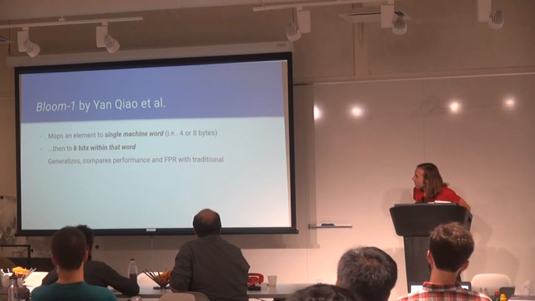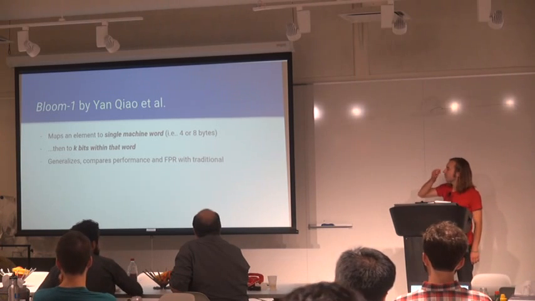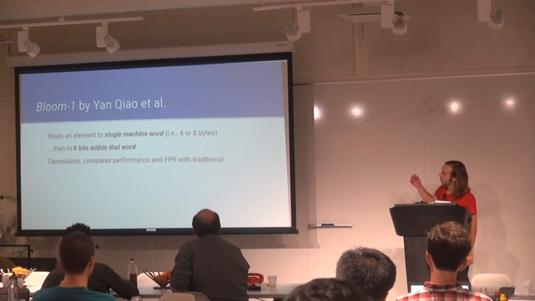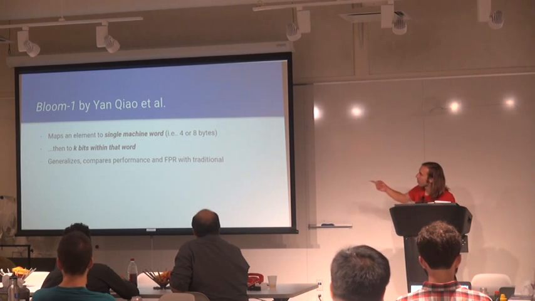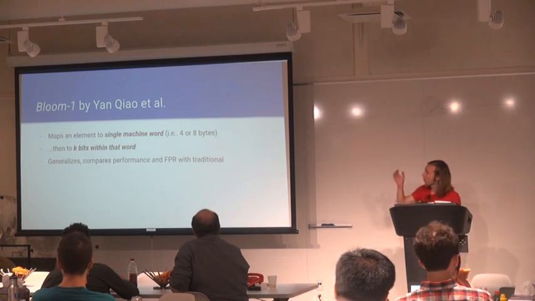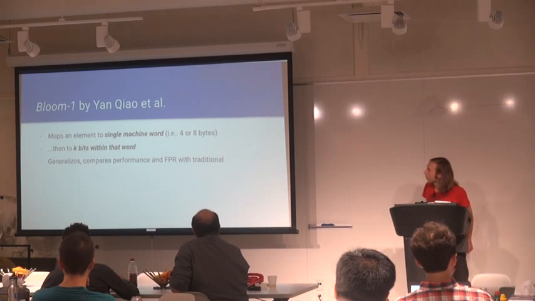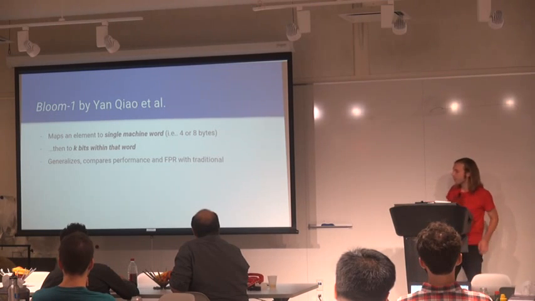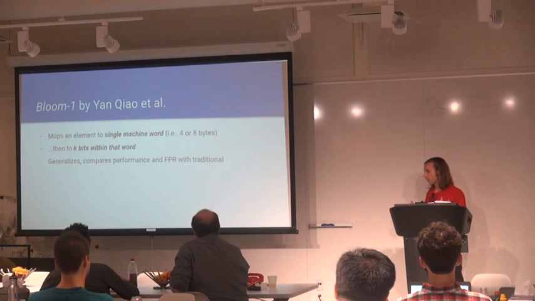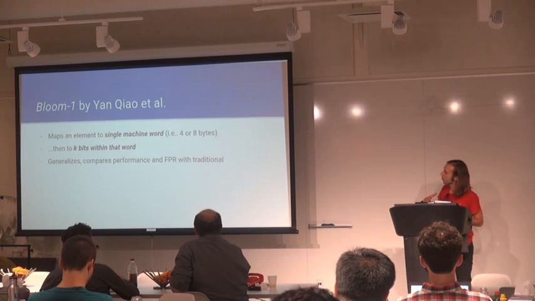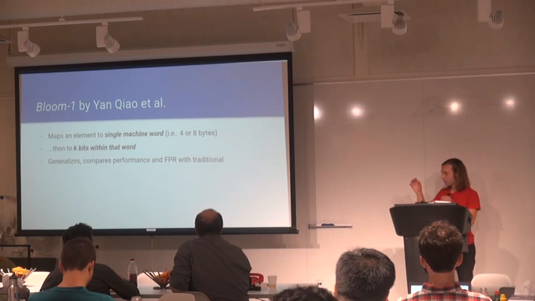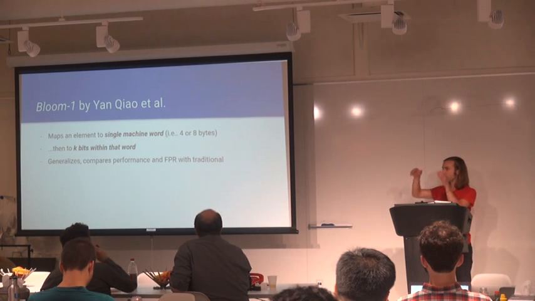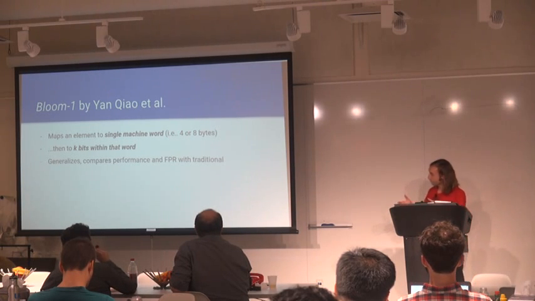So for this library, I'm using a slight variant of the traditional Bloom filter. It was written in a paper by Yan Qiao, and they named it Bloom-1. The difference from the traditional Bloom filter is we first use part of our hash to map to a single machine word.